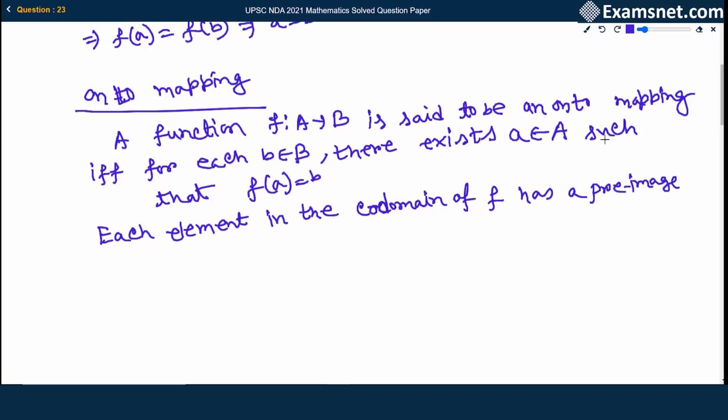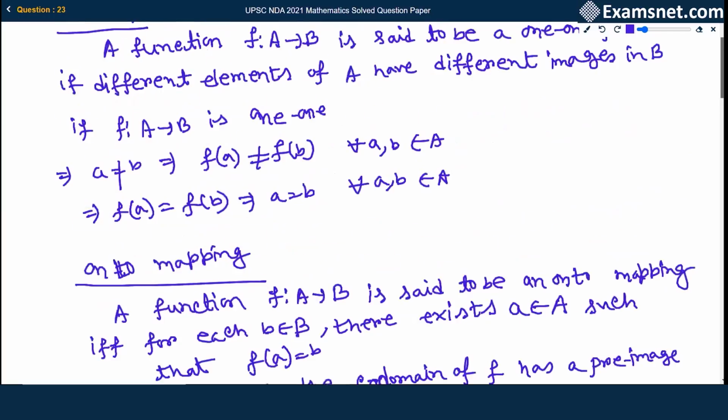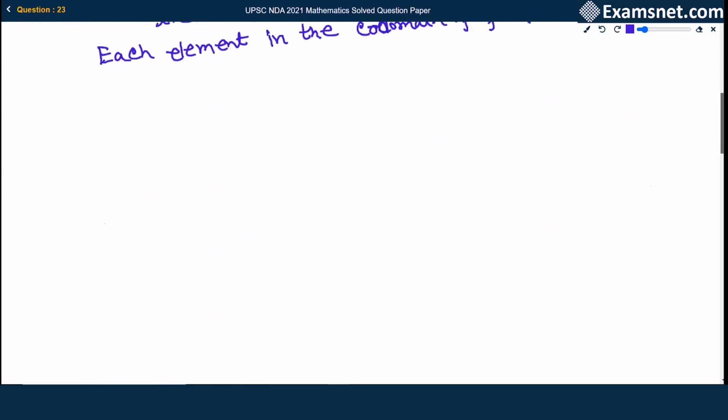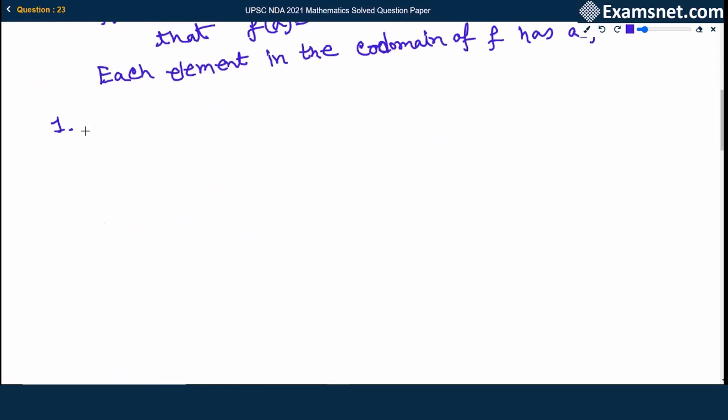Fine. Now let's proceed with the solution. Here they have said a function from the integer set to the integer set defined by f(x) equals x plus 1 is 1-1 as well as onto, right? So let's write it.